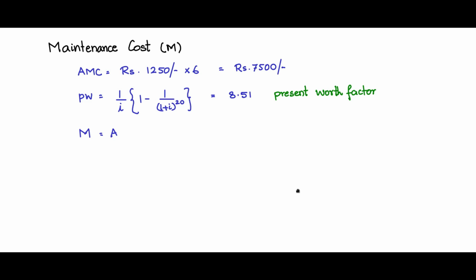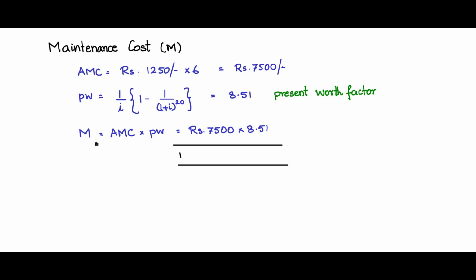And maintenance is basically a reflection of all the annual maintenances into the present time frame, which is AMC into the present worth factor, which is rupees 7,500 into 8.51. So maintenance is 63,851.73.